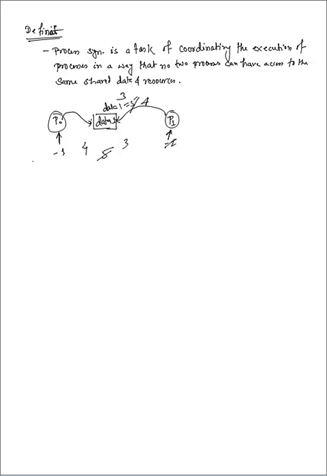So either P0 will execute first. Let us suppose case 1. What will happen if P0 executes? It will change the data1 value by 1.